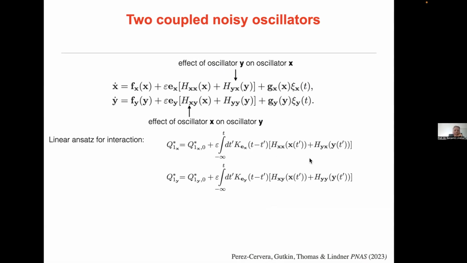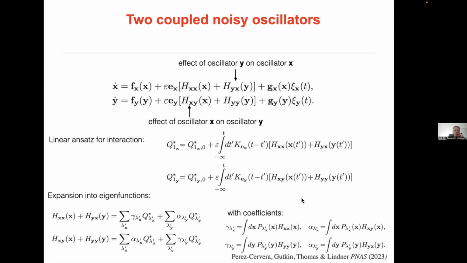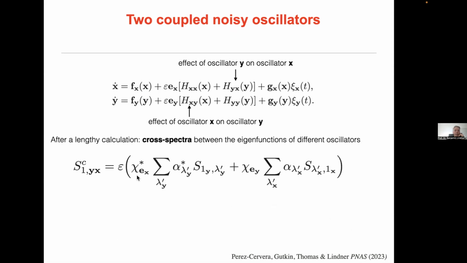If we make this ansatz and expand our coupling functions in terms of our backward eigenfunctions, a complete set of eigenfunctions so we can expand any arbitrary function into them, then by means of certain coefficients obtained in terms of our eigenfunctions, we can compute an expression for the cross spectrum of two weakly coupled stochastic oscillators.